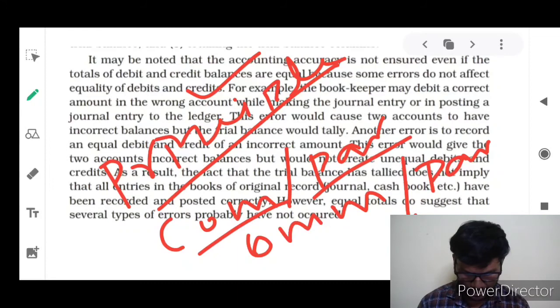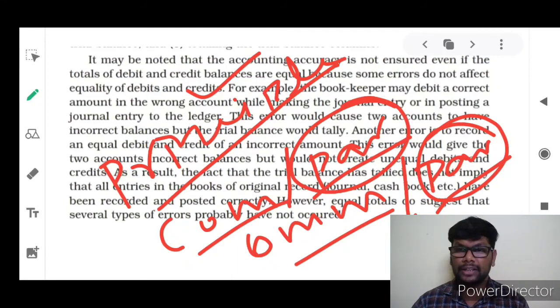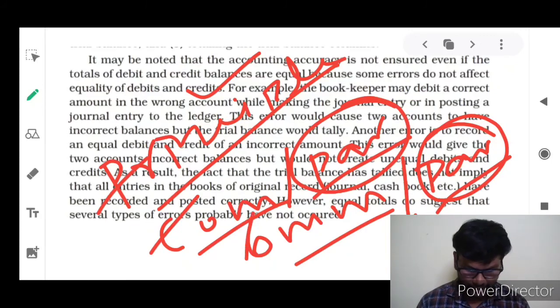Because of these errors, some will not prevent the debit and credit balances in the trial balance from equalizing. Many errors like errors of commission, omission and principle will not be revealed by the trial balance, so we cannot identify them easily. For that we should use another method called rectification of errors.